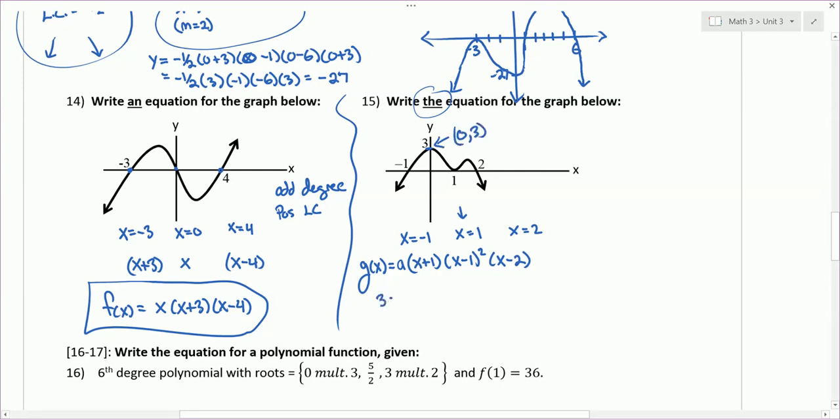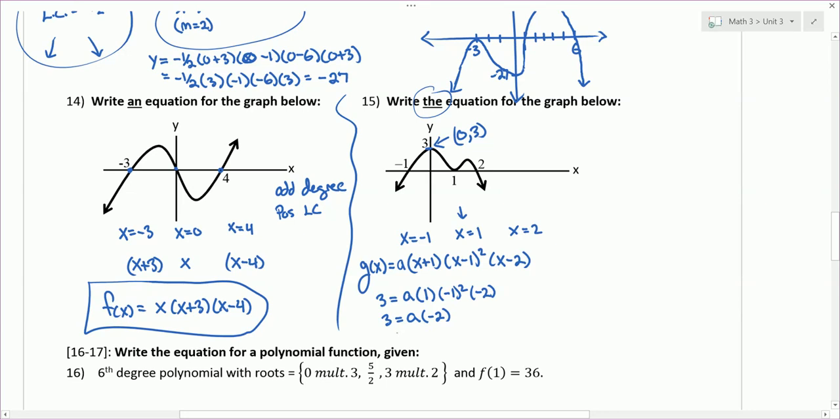And we get 3 is equal to a times 0 plus 1, which is 1, 0 minus 1 squared, so it's negative 1 squared, and 0 minus 2, which is negative 2. So 3 equals a times 1 times 1 times negative 2, which is just -2.